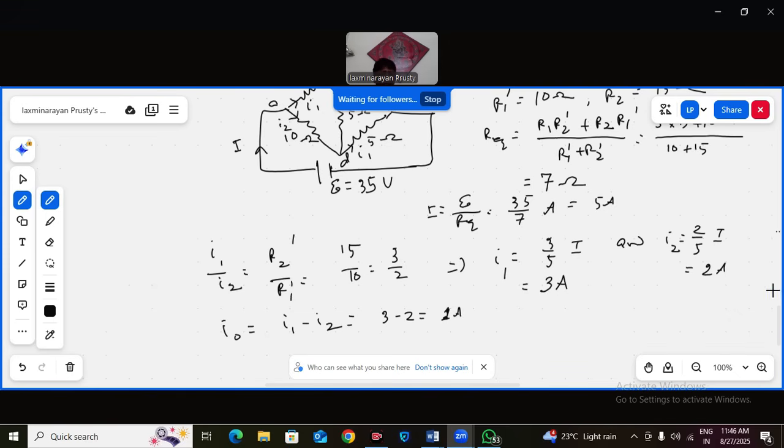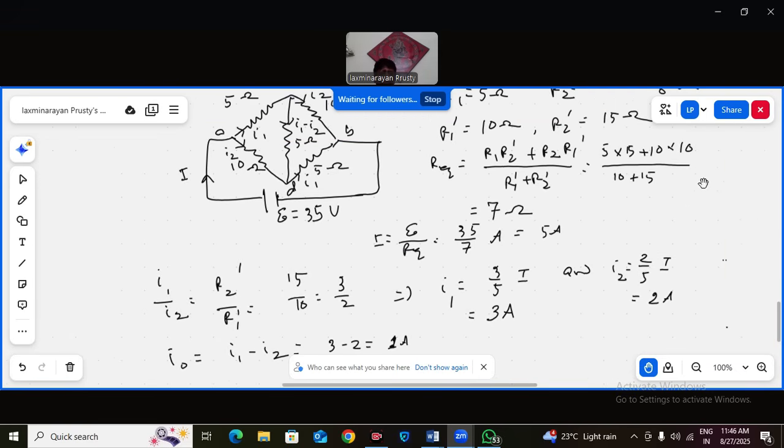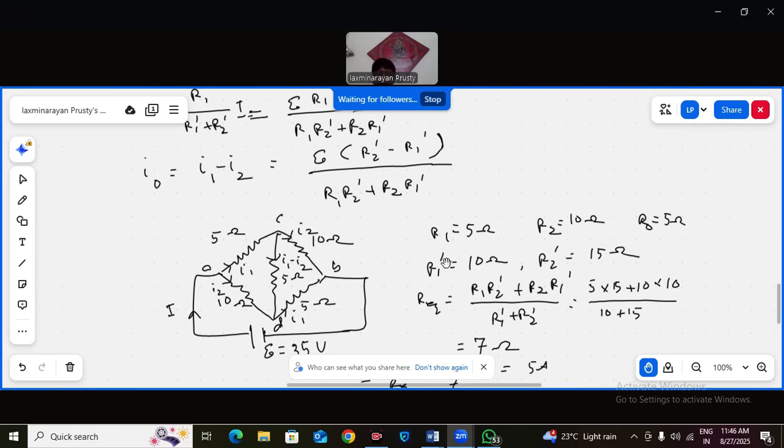So this is a very simple application of the symmetry case. You don't change anything, just calculate your R1 dash and R2 dash. After that, your job is over. R1 R2 dash plus R2 R1 dash by R1 dash plus R2 dash.